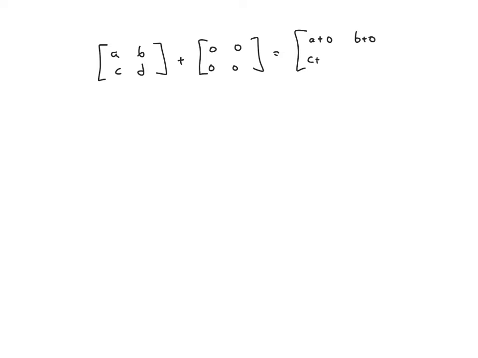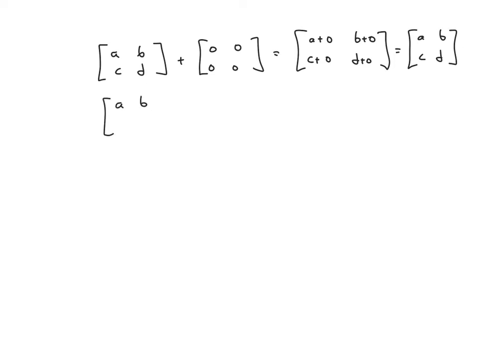Seeing that argument a different way, if I add the 0 matrix to any other matrix, I'm just adding 0 to every entry. And that gives me the other matrix back.